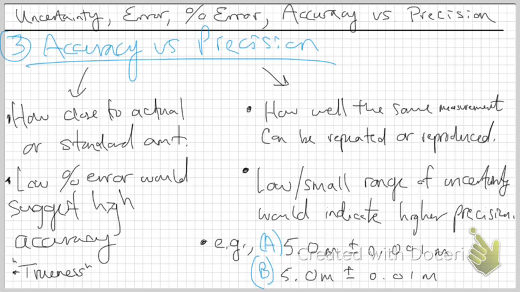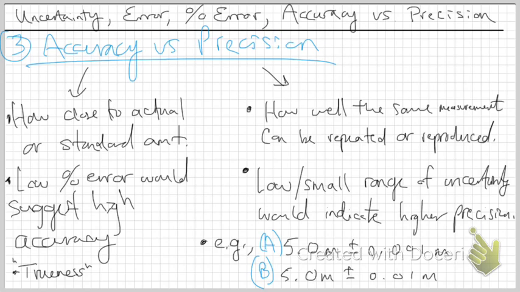Okay, so the image of accuracy versus precision that's also presented frequently is one of a dartboard or a bullseye. The closer you are to hitting the bullseye, the more accurate you are. But after, say, 5 throws of the dart, if they're all clustered around the same spot, even if it's not the bullseye, that's very precise dart throwing.